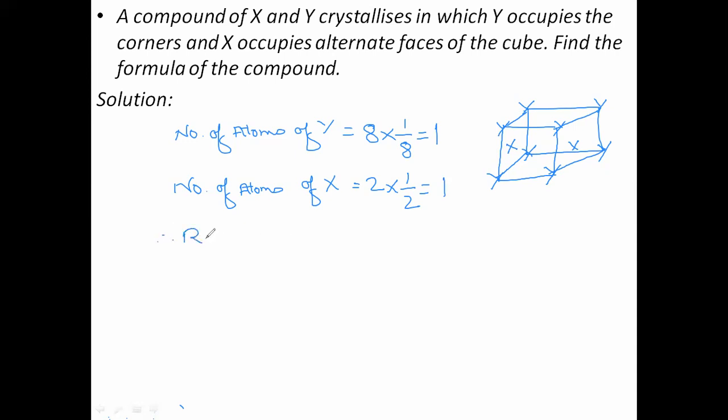Therefore the ratio of X and Y will be equal to 1:1. Now always remember that the ratio in which the atoms are present in a particular unit cell is the ratio of the stoichiometry of that compound. The stoichiometry of that compound and the ratio of the atoms present in a unit cell are always the same. So the ratio of X and Y is 1:1, which means the stoichiometry of the compound is also 1:1.